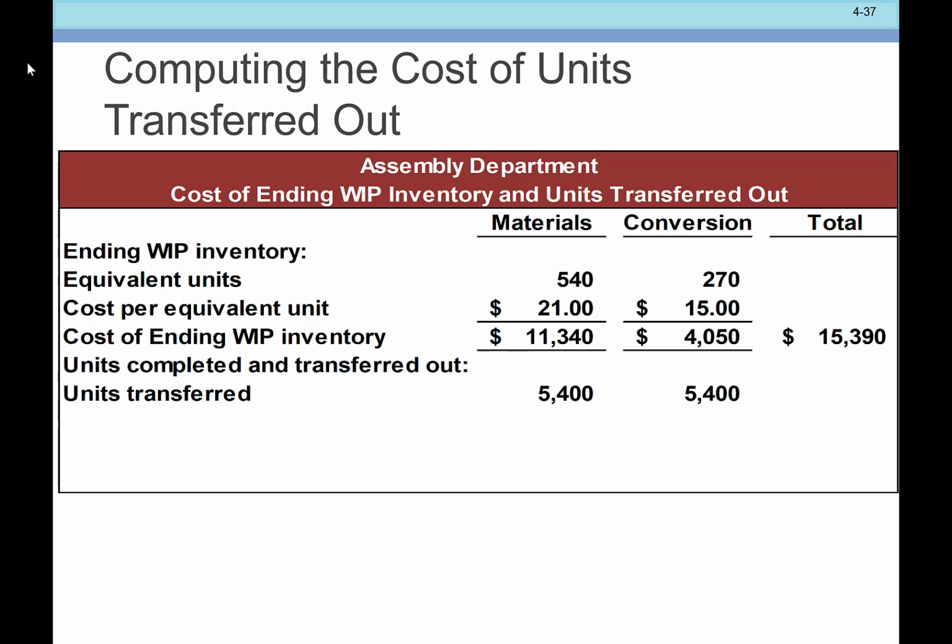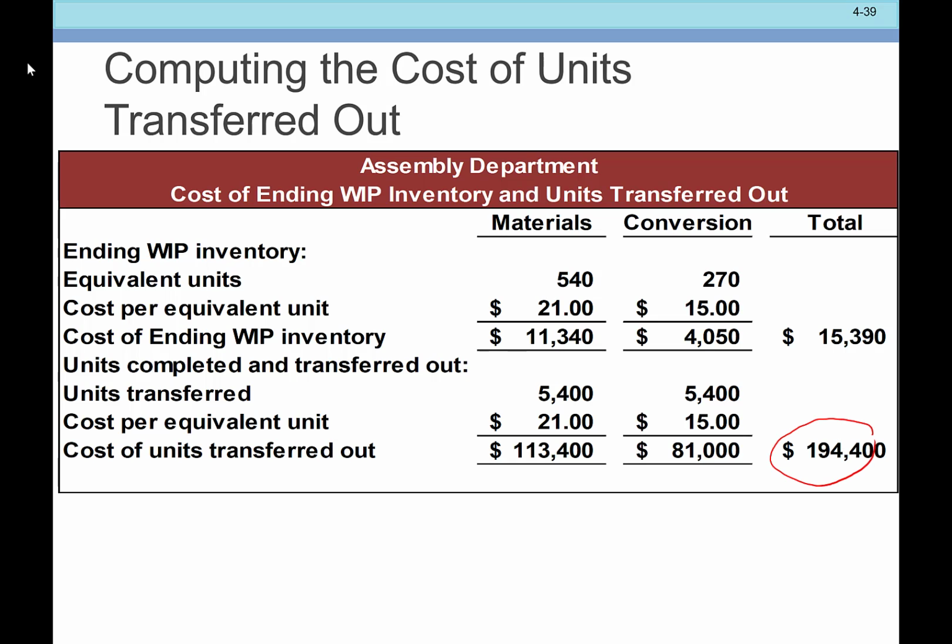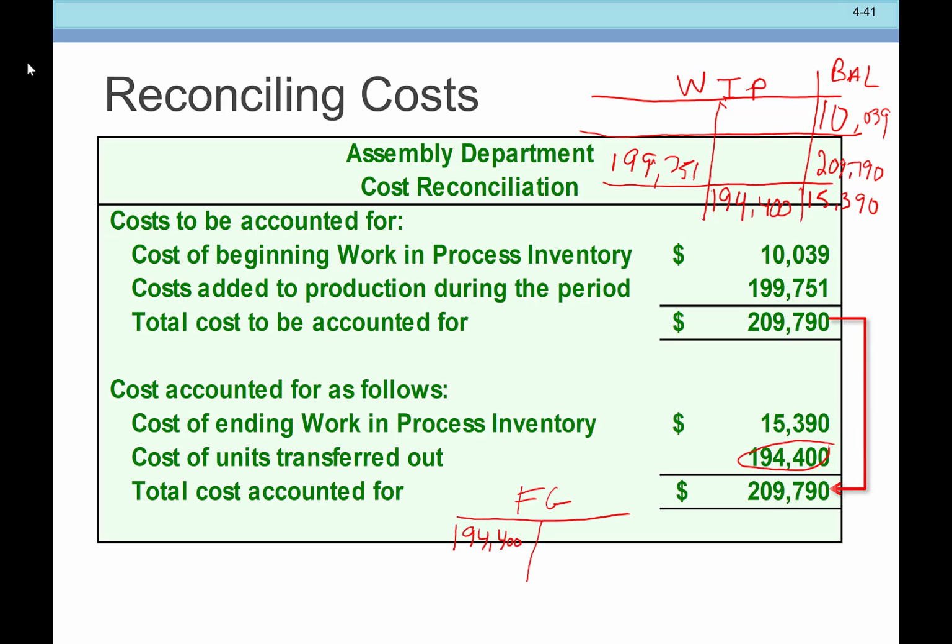The costs transferred out are 5,400 units transferred out, which we saw from the previous slide, times my equivalent cost per unit, and that's the cost I transfer out, 194,400.